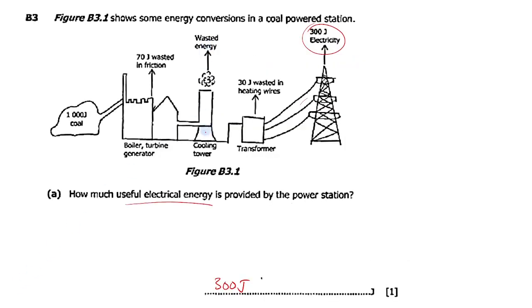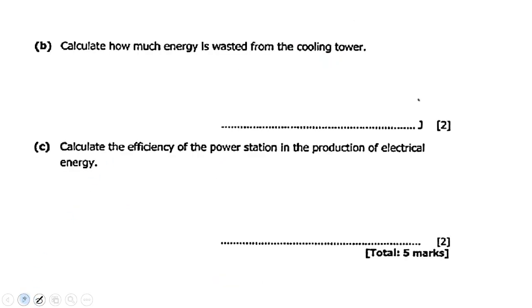So for the cooling tower, we need to know the energy wasted. The energy that came in is equal to all the energy going out. So the input energy must be equal to the output energy.